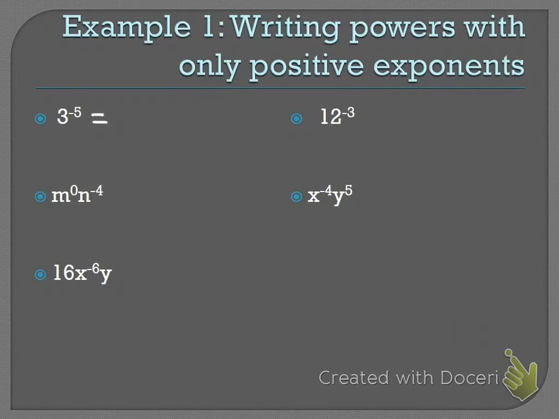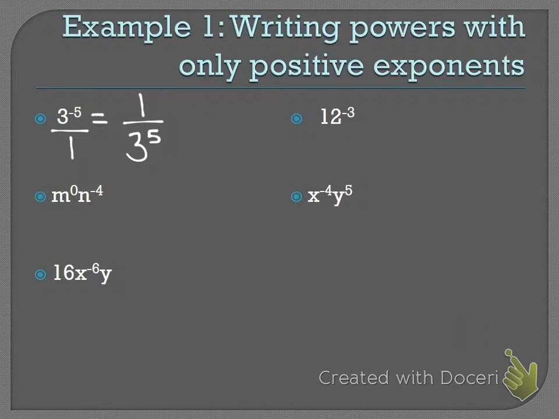Well, if it's a whole number, what side of the fraction is it in? Numerator or denominator? It's on top, right? Okay. So 3 to the negative fifth, if I wanted to write it using only a positive exponent, I write it on the opposite side of the fraction, 1 over 3 to the fifth power.